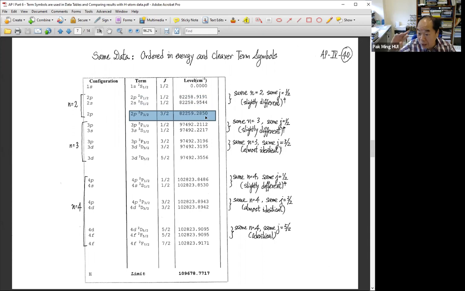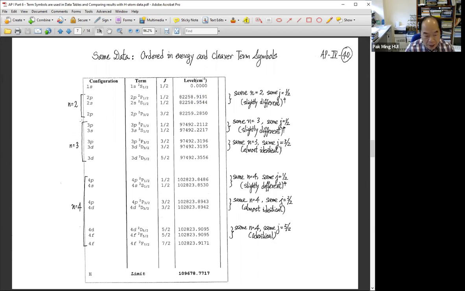This is spin orbit interaction we can already explain. J equals 3/2 should have a different shift from J equals half. So that is comfortable, no problem. The only thing that is slightly different is this: the same J, and yet they are slightly different, okay? That is out of our expectation and out of Dirac's expectation.